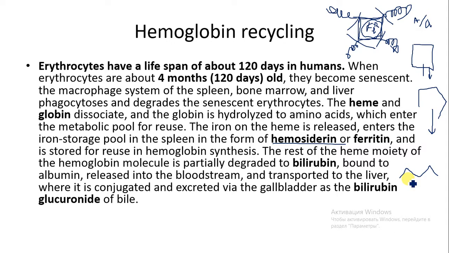So bilirubin is the yellow colored pigment in our body, which is later degraded in the liver, and it gives the color to our fecal masses, it gives the color to our plasma, as I said in the previous lecture, and it also gives a color to our urine. So this bilirubin is our pigment which explains a lot of changes in color in clinic.